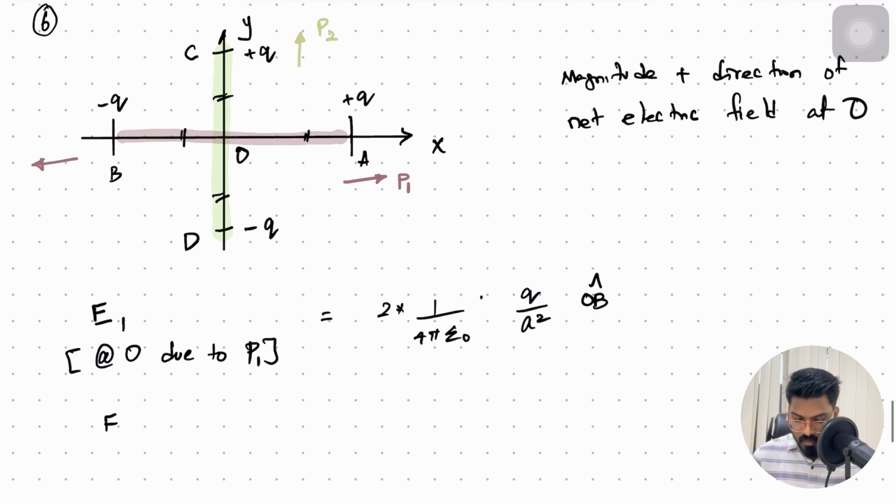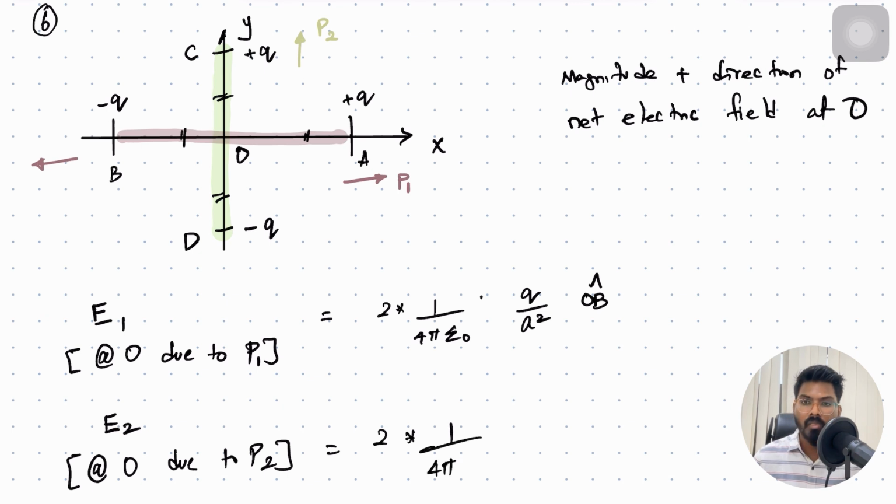Similarly, the electric field at O due to P2, right? So we could write it as 2 into 1 by 4 pi epsilon naught into Q by A square.